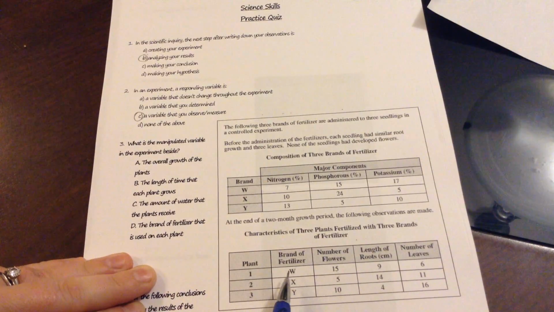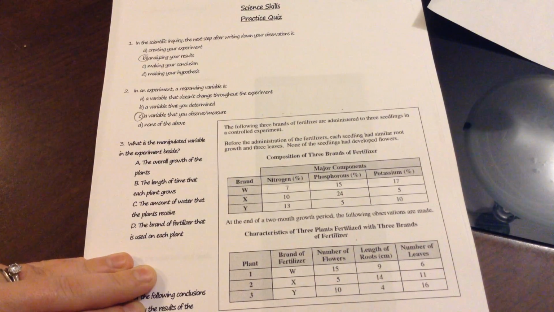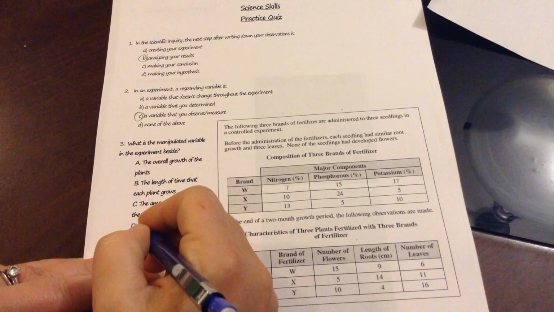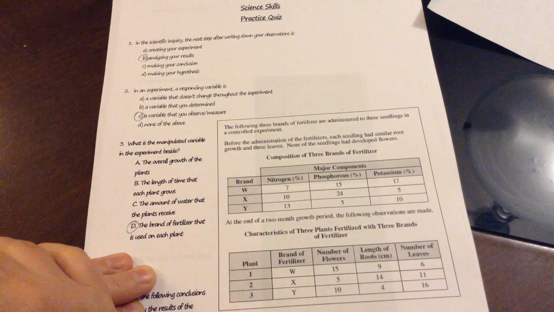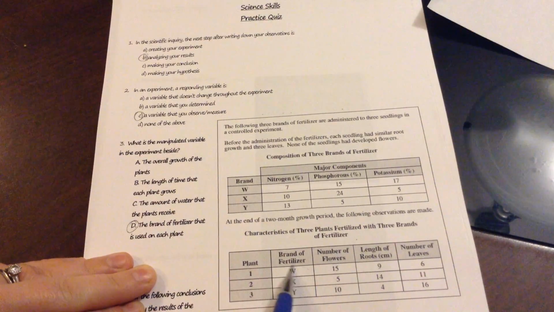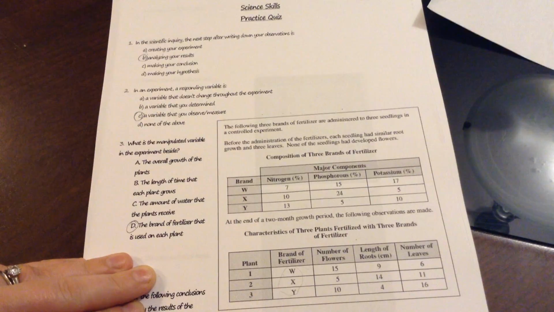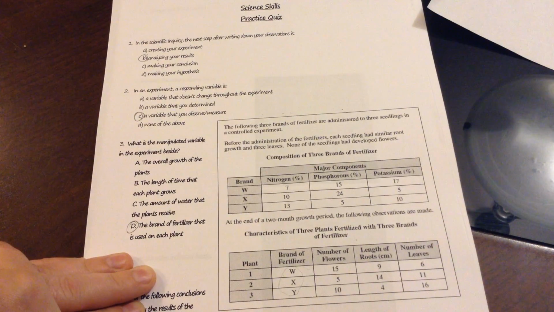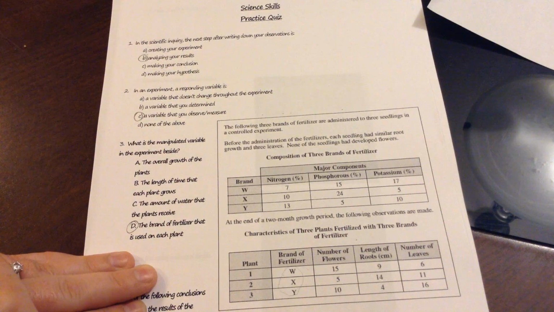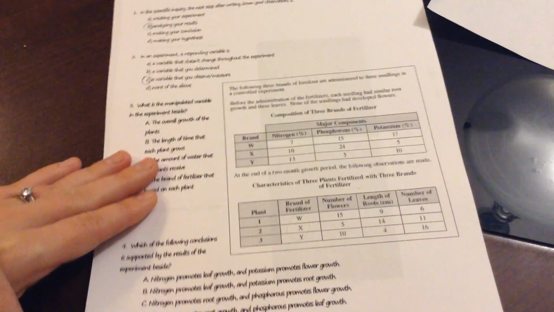And these are the results. So every fertilizer brand has produced a plant that shows different characteristics. So in this situation, manipulated variable is what's predetermined before. It's not the results, but it's what's already preset in your observation table. And so it's the brand of fertilizer.